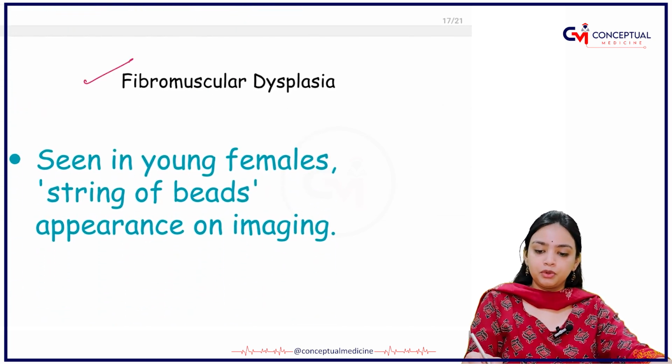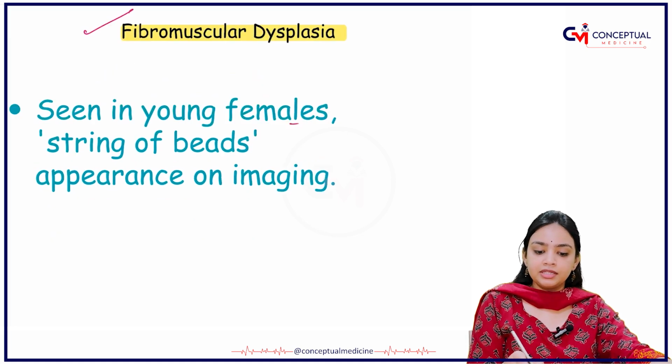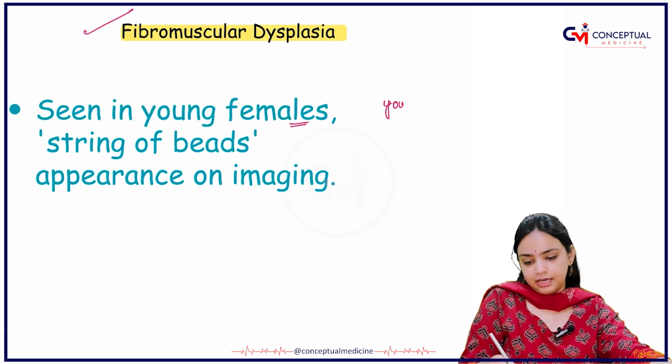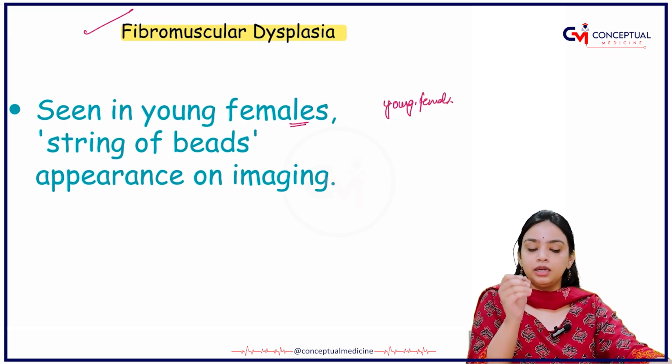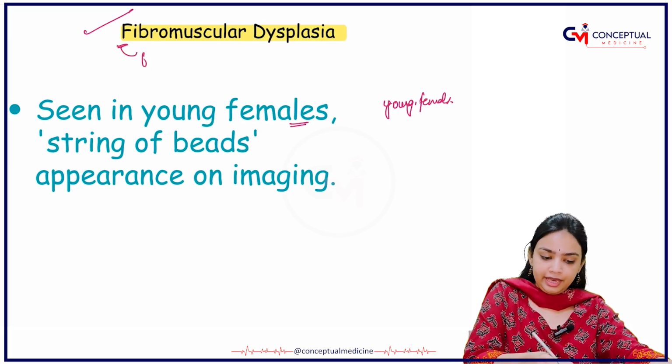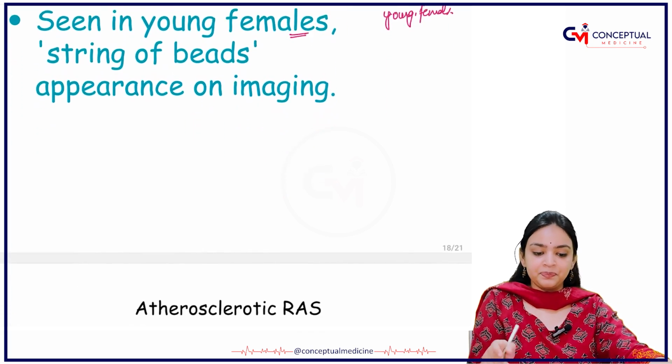Next, you have fibromuscular dysplasia. It is seen in young females. So remember fibromuscular dysplasia, F for F: F for females and F for fibromuscular dysplasia.